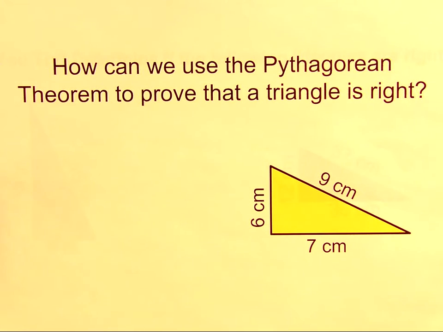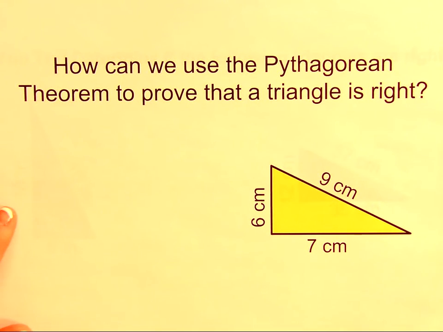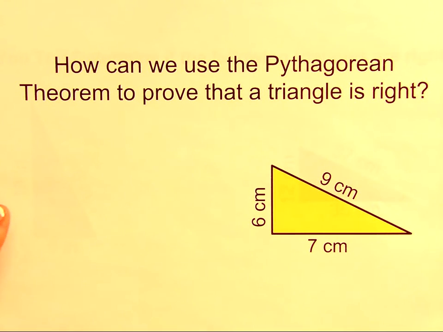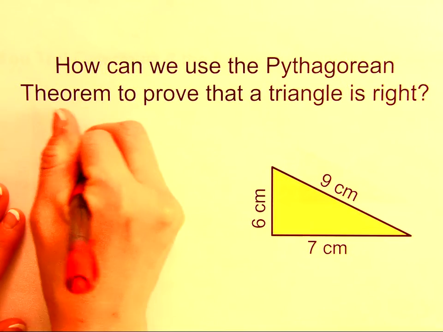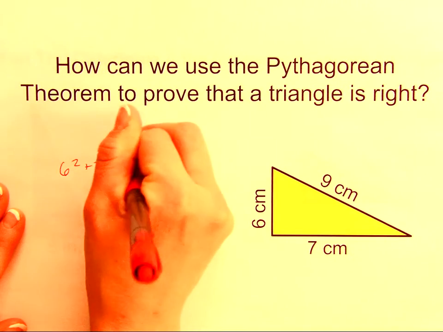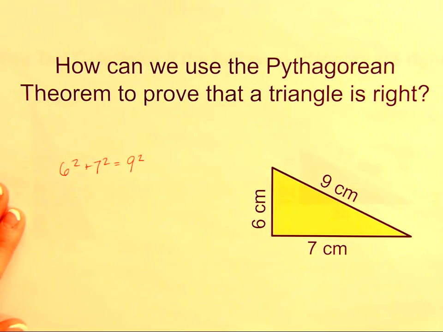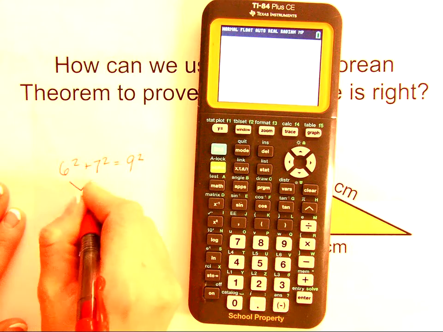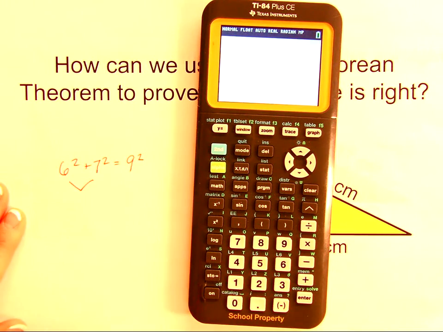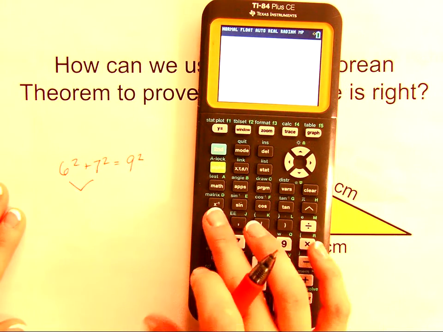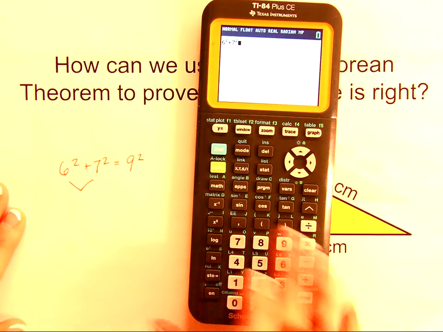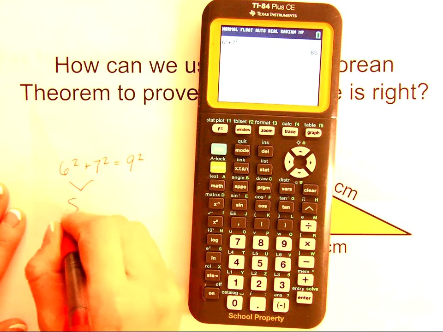So let's look at another example together. Again, don't let the picture get in your way. 6 squared plus 7 squared is going to equal 9 squared. 9 is my longest side. So I'm not solving anything, I'm just calculating the left side and calculating the right side. 6 squared plus 7 squared is 85.